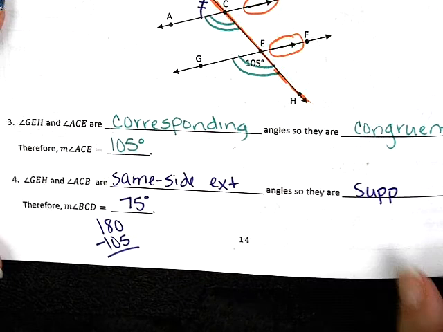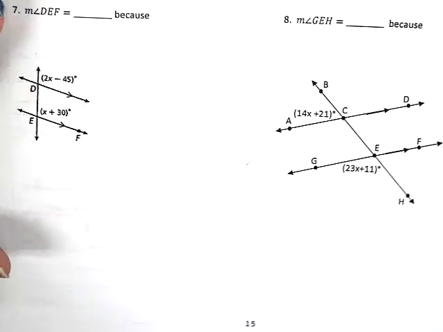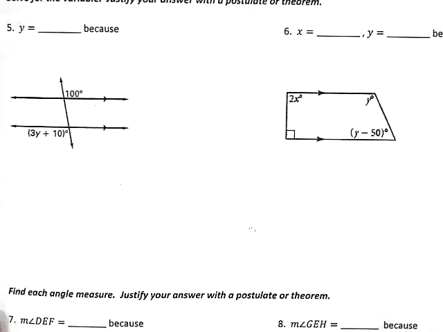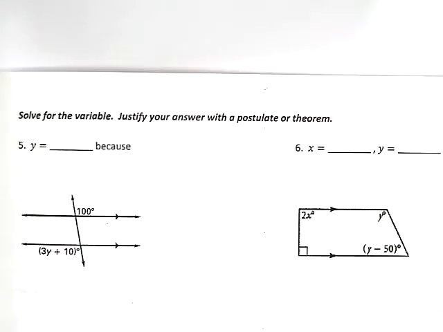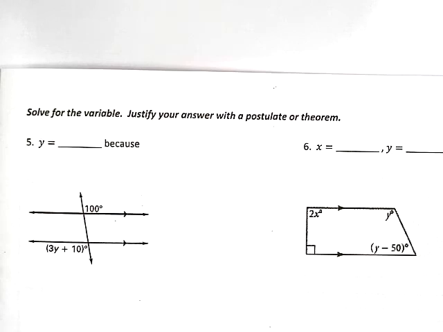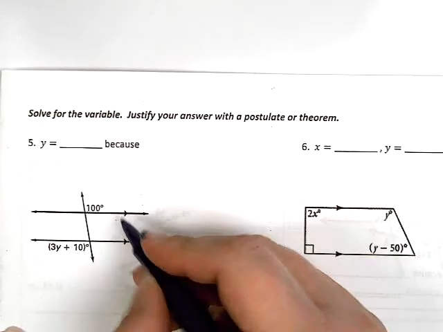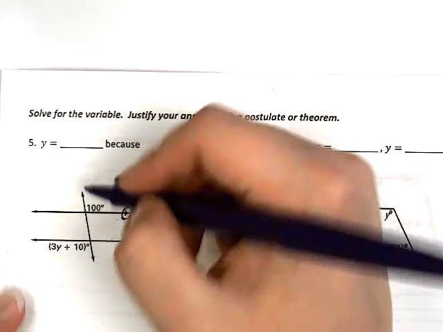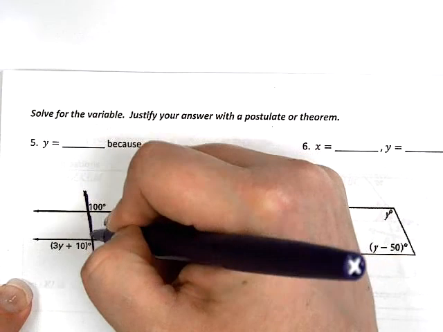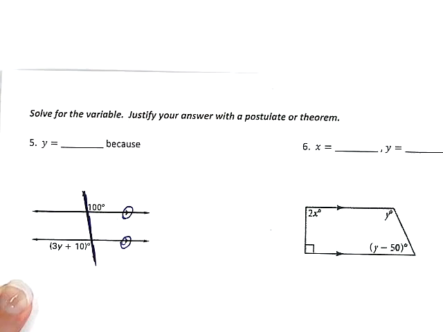All right, let's move on to some of the more challenging ones. Not super challenging, but let's take a look. We want to solve for the variable, and we have to justify our answer with a postulate or a theorem. First we have to figure out that these lines are parallel, so we're good there, and that's my transversal.